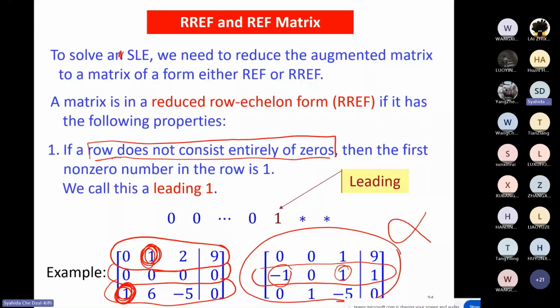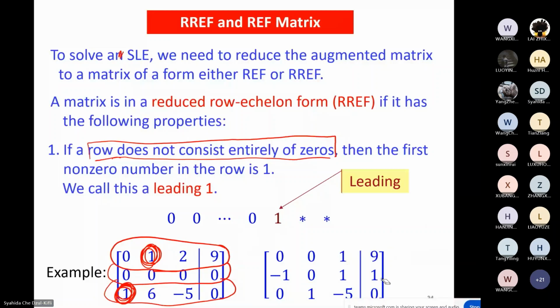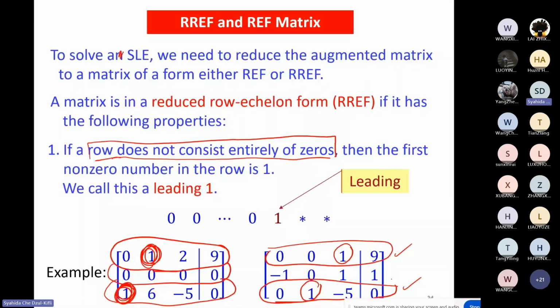Even though row 1 and row 3 satisfy property 1 and do contain the leading one, the second row does not.